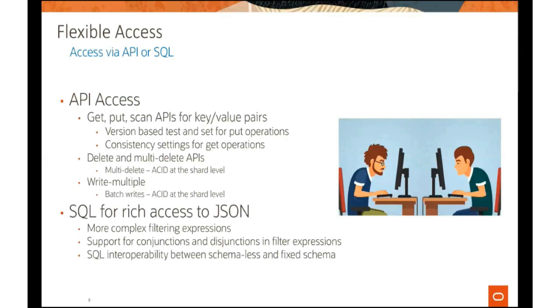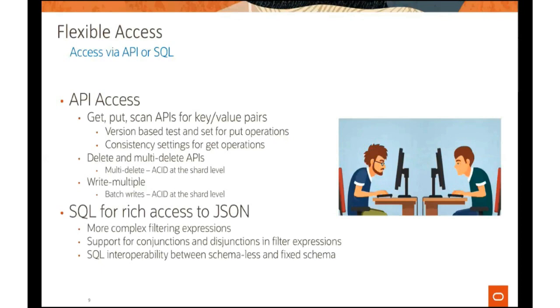And then if you're using JSON, it's probably more convenient to have a declarative query language because you don't always know what's in that JSON record. And so we have a very rich SQL dialect for accessing JSON. So you can do more complex filtering expressions, support for ands and ors, those are conjunctions and disjunctions, chaining those filter expressions.